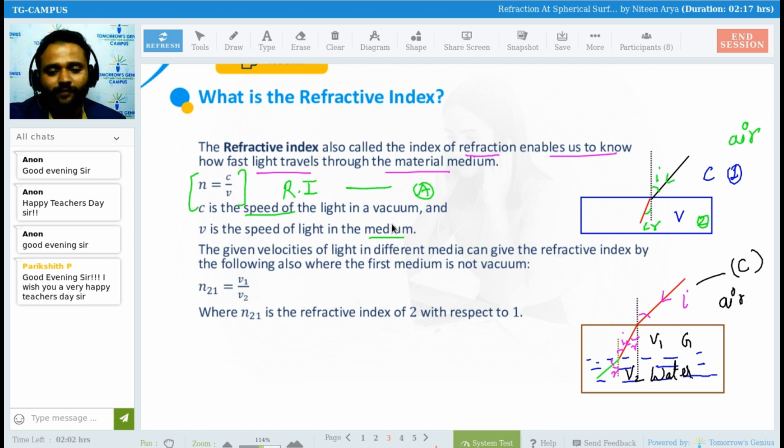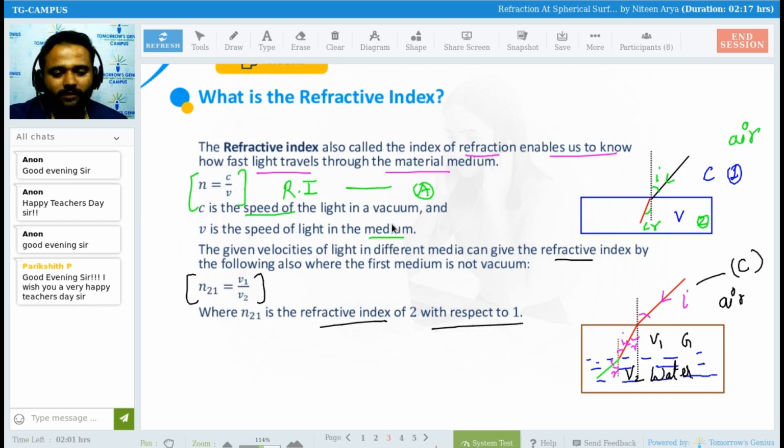The given velocities of light in different media give the refractive index by the following, where n21 is the refractive index of 2 with respect to 1. n21 is the speed of light in medium 1 to the speed of light in medium 2.